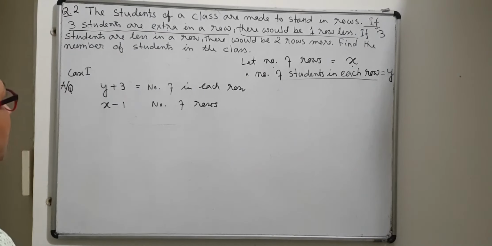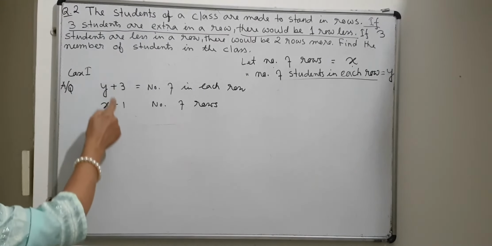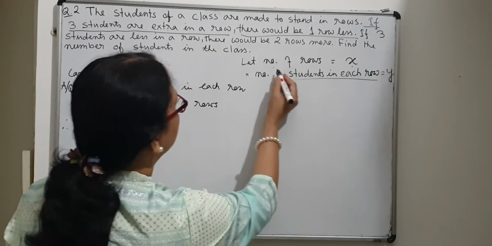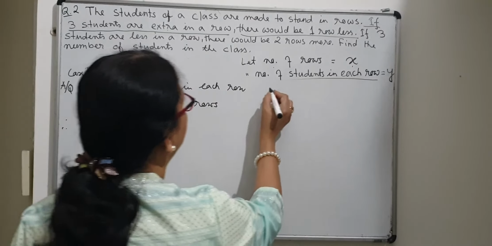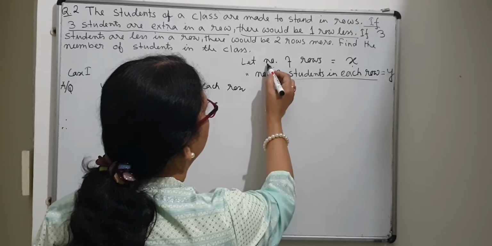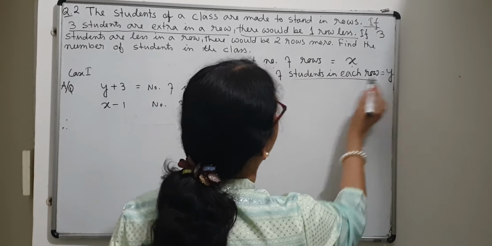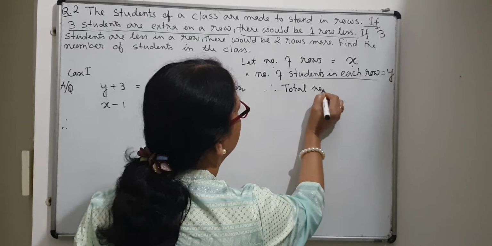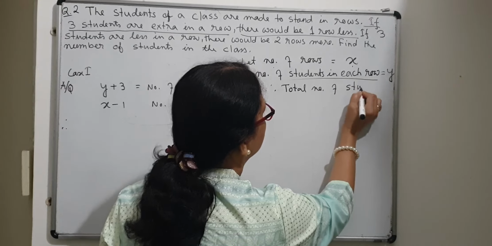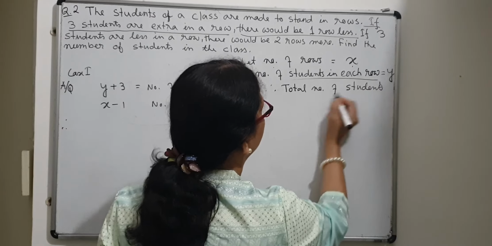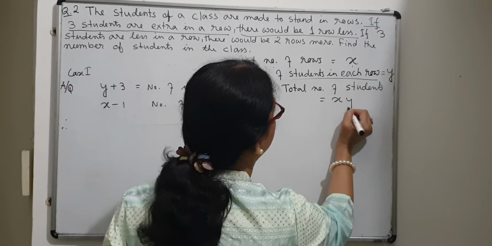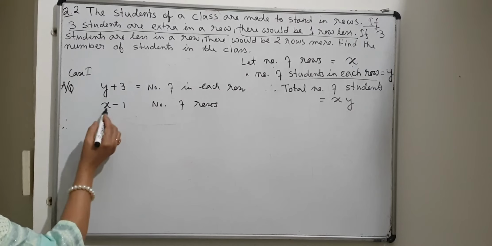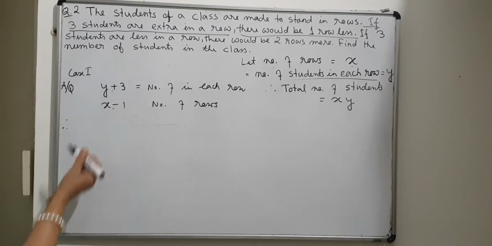So the total number of students will be the product of these two. So what is the total number of students? Let me write it here. Number of rows x and number of students in each row y. Therefore, the total number of students will be x into y. So now what will happen? The product of these two will again be equal to the total number of students.